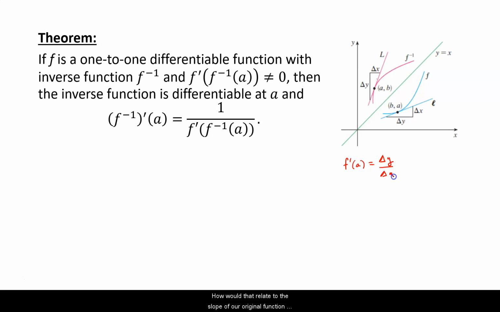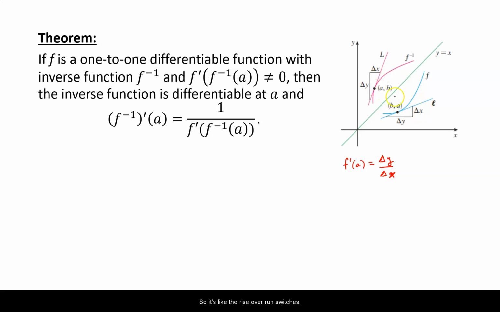And how would that relate to the slope of our original function? What I notice here is the original f has the point b comma a. And so a, b here corresponds with the point where x equals b on the original function. And there the slope is going to be delta x over delta y.